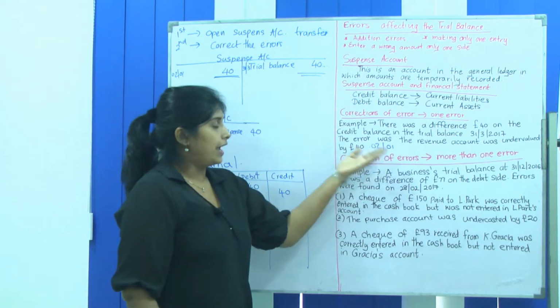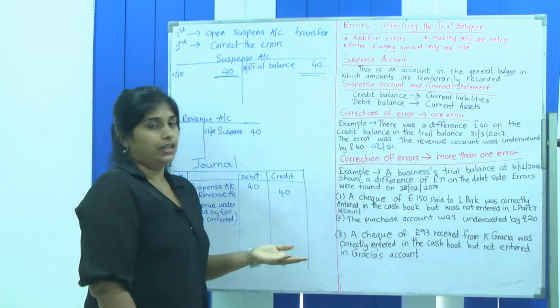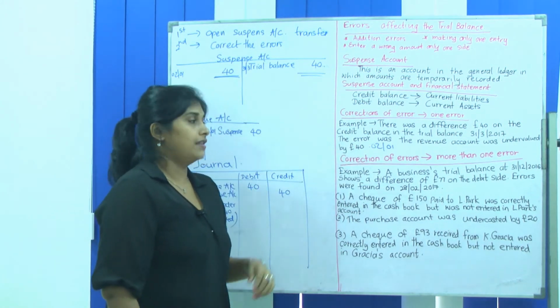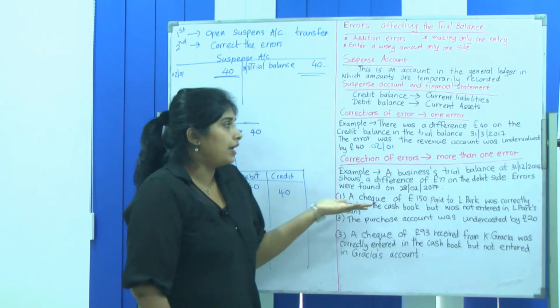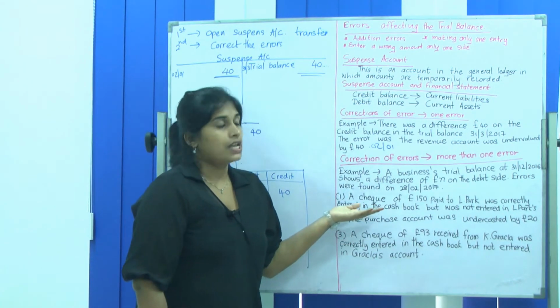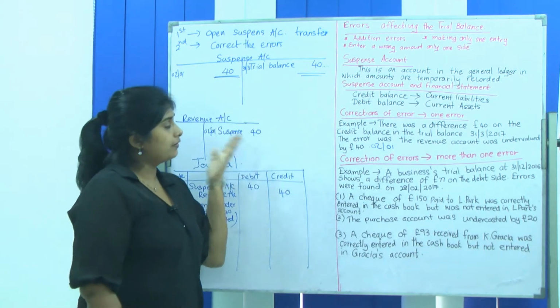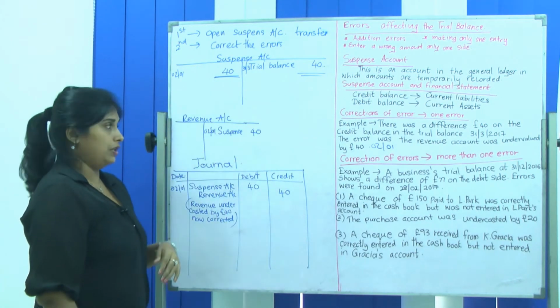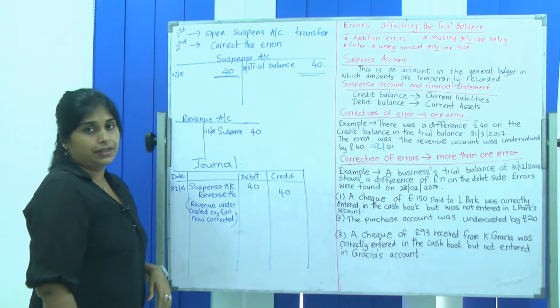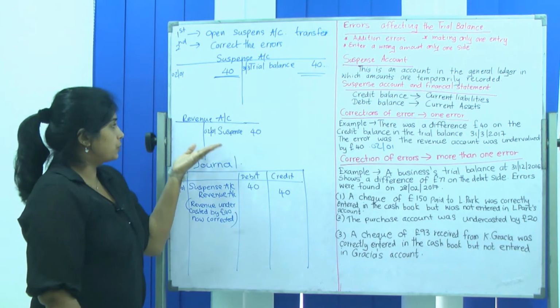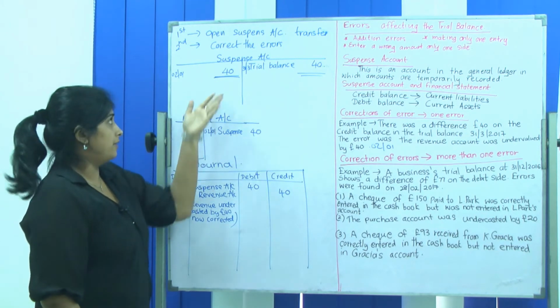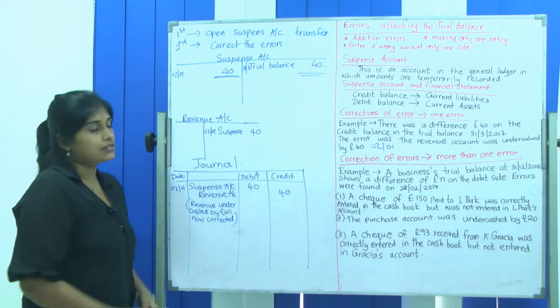After that, on 2nd of January, they found out the error was in the revenue account. They had undervalued the revenue account by 40 pounds. So to correct the error, they have to credit the revenue account and debit the suspense account. So as soon as they correct the error, the suspense account was closed down.